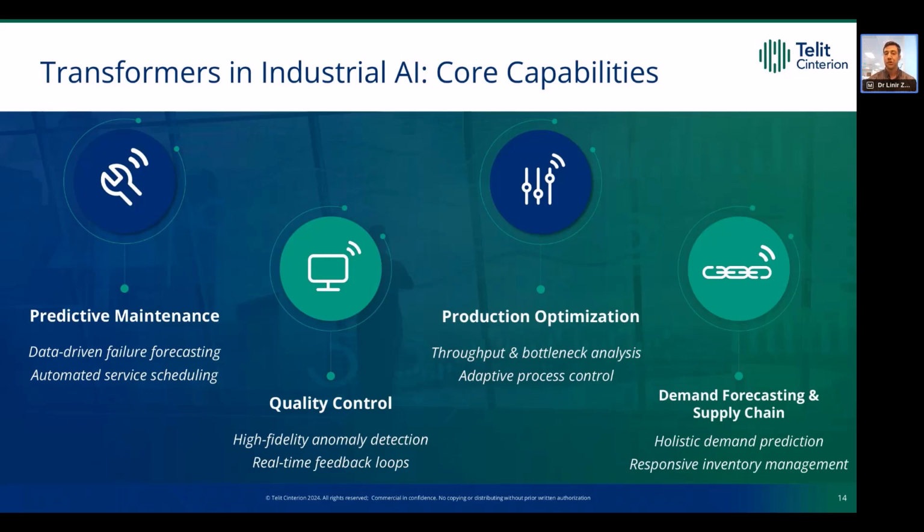Adaptive process control, and of course demand forecasting and supply chain. If there's a high demand for some products, it can learn that and recommend what to do in the near future. Responsive inventory management, and so many other things that we see now. The factories can be so much more intelligent, so much more complete using this technology, the transformers technology.